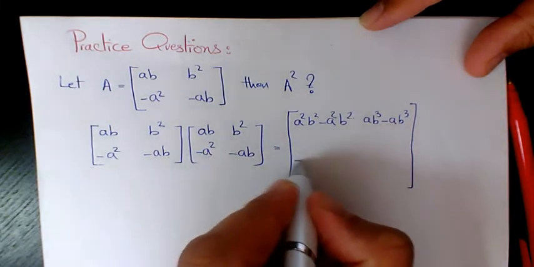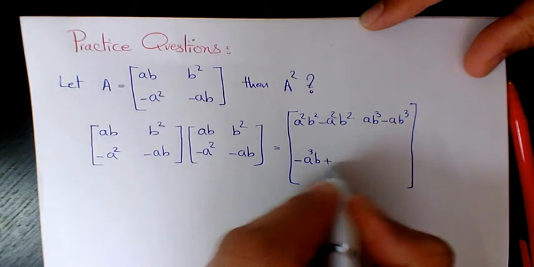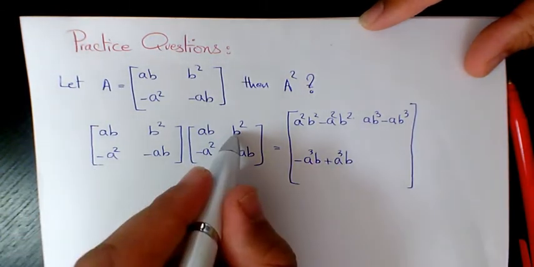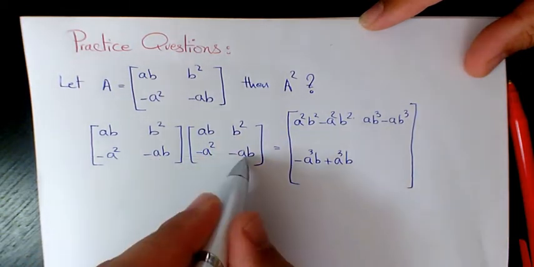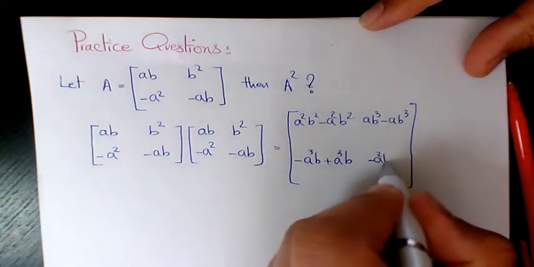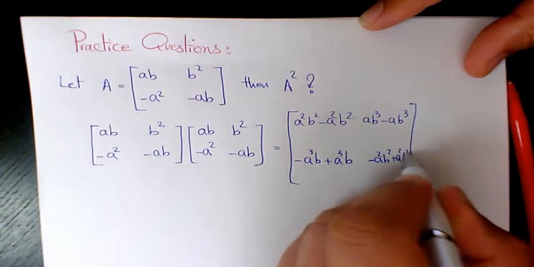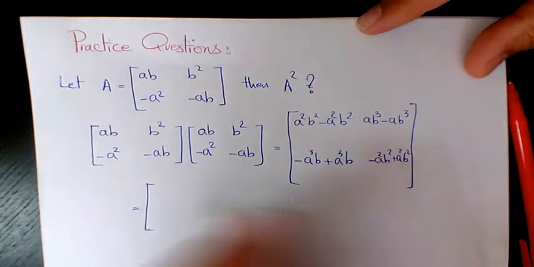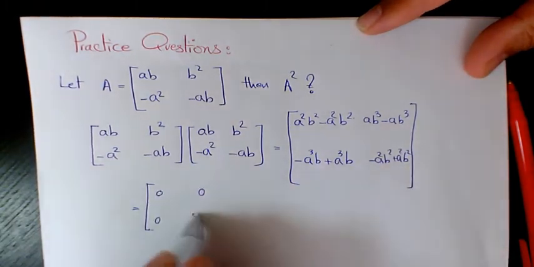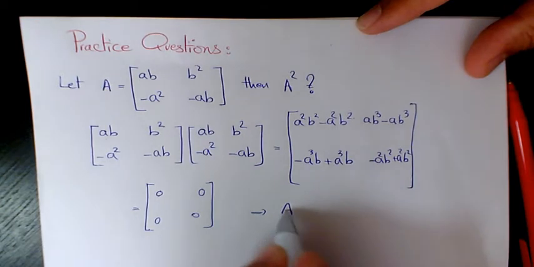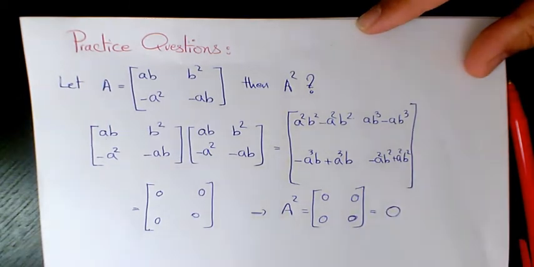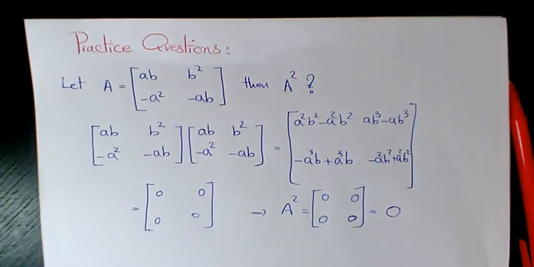That will be negative A cubed B plus A cubed B. That's going to be negative A squared B squared plus negative AB times negative AB, which will be, as you see here, all of them are going to be 0. Therefore, we can say A squared is 0, or we can show it with the big 0 in here.